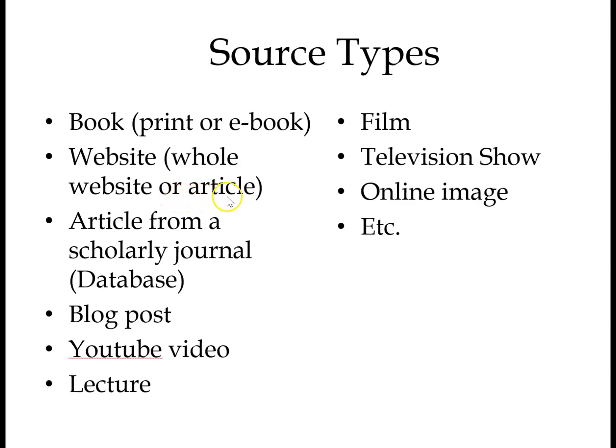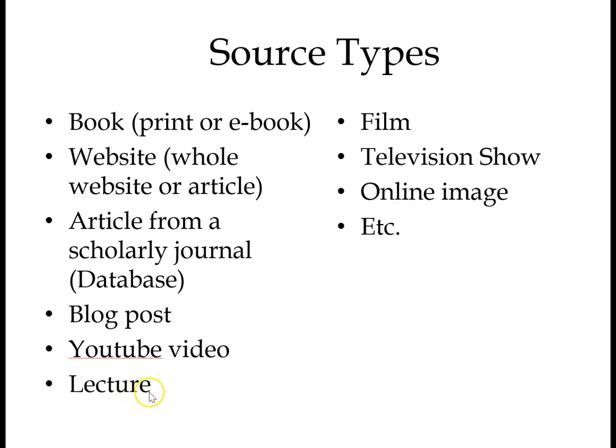And does it have an author, or is it just the title and there's no author? Is it an article that you found in a scholarly journal? Was that found in the library, or did you find it from an online database? Was it a blog post? And can you track down the author's name of who blogged it? Is it a YouTube video? What's the title of the video? Who uploaded it?